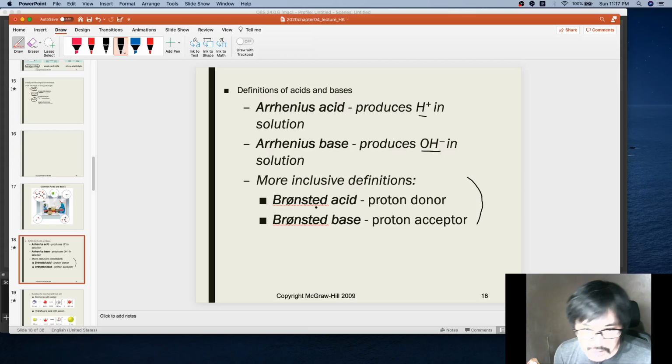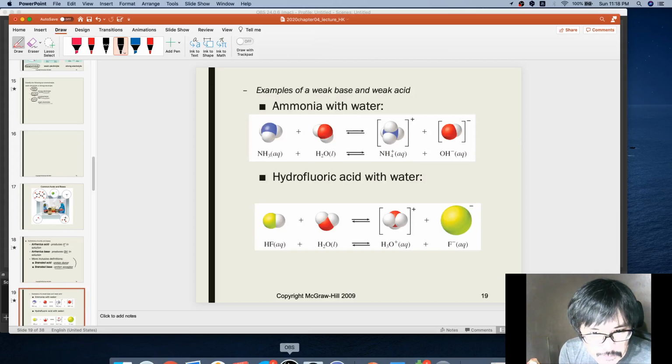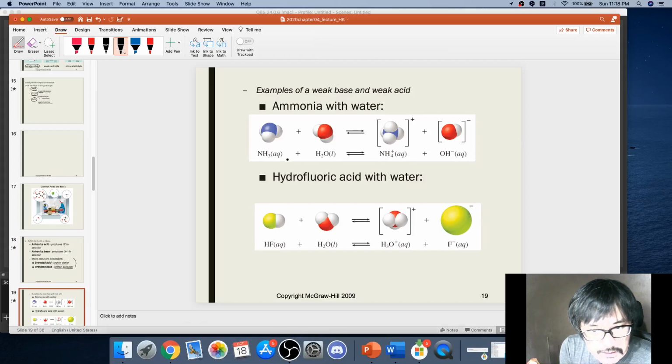So the Bronsted acid is a proton donor. It gives off the proton. Proton is H plus. And then the Bronsted base is a proton acceptor. That's an H plus acceptor, so it receives the H plus. So here's an example. I think I already talked about this one, but I'm going to repeat it again.